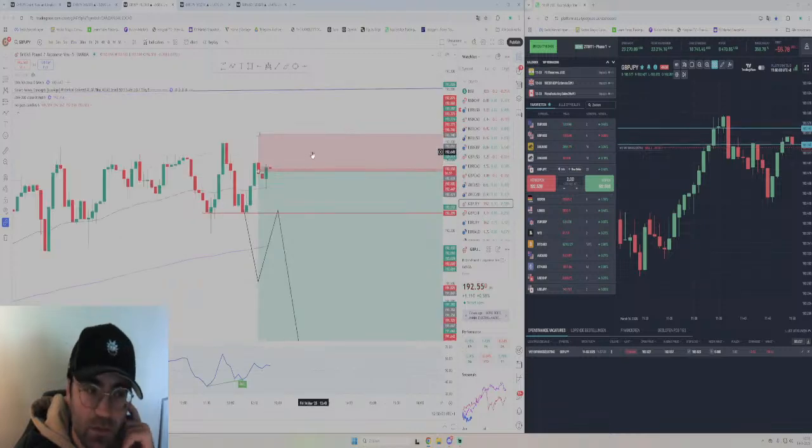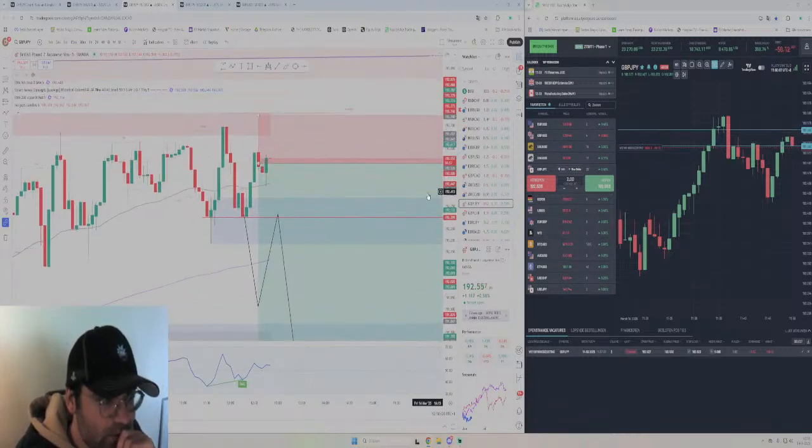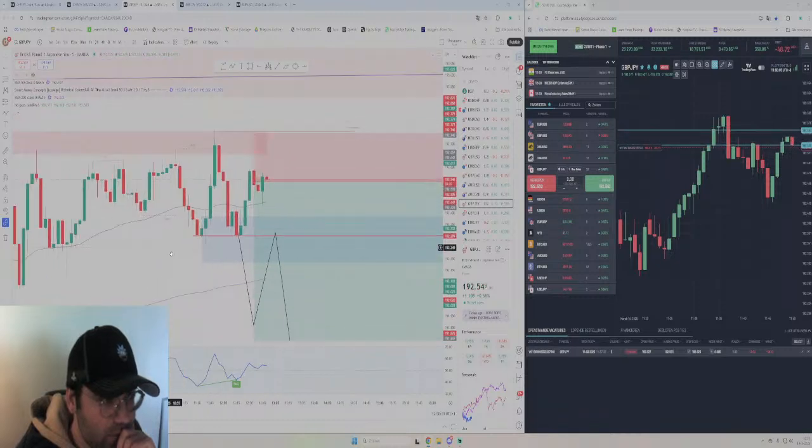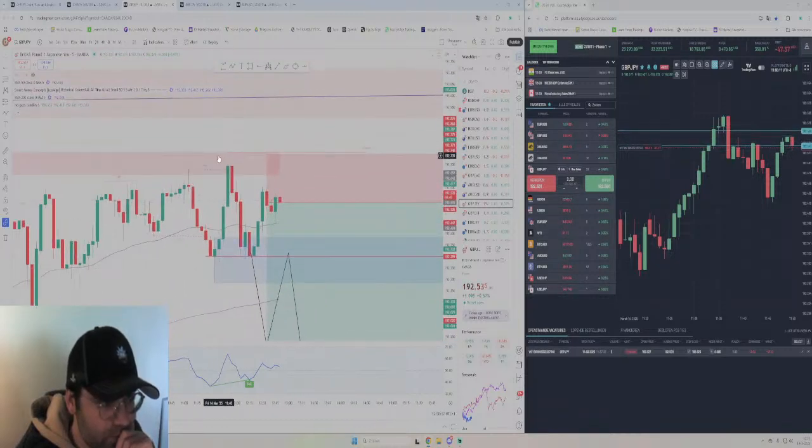What's going on? How did the 5-minute close? Not good. Tested the EMA, engulfed the previous bearish one.